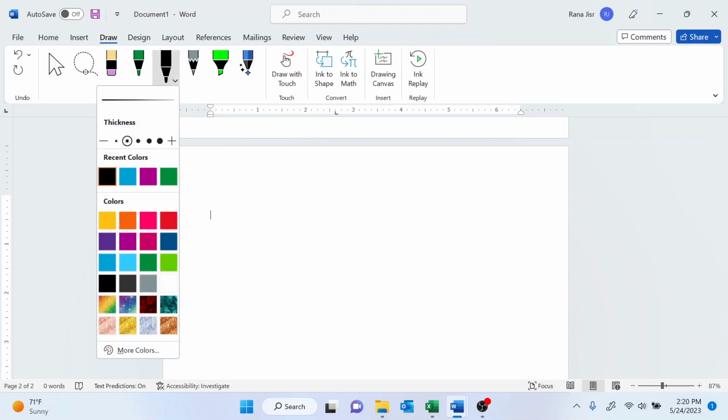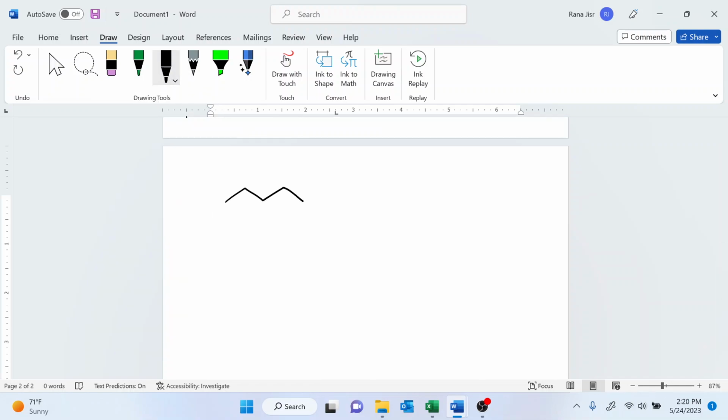I'm drawing the Newman projection around carbons 1 and 2. I'm going to go ahead and view the molecule from this angle. So the first carbon that I'm going to see is carbon number 1, and the one that is behind is going to be the second carbon. So this is carbon 1 and this is carbon number 2.